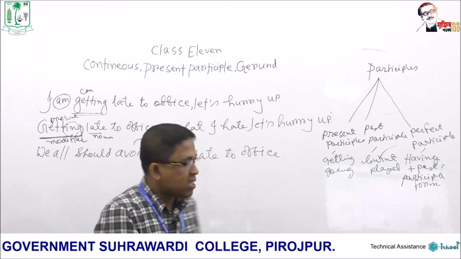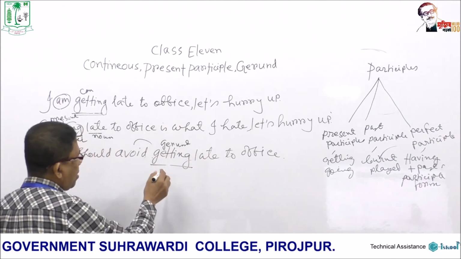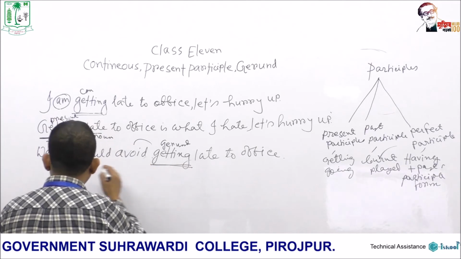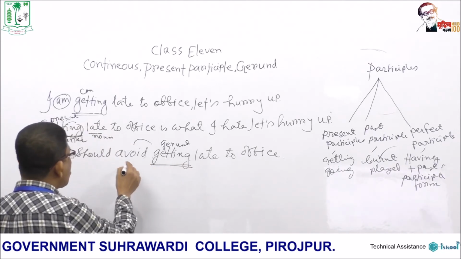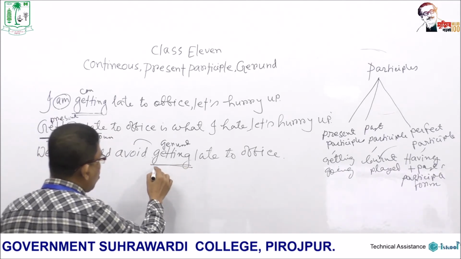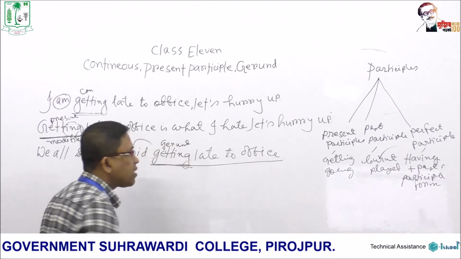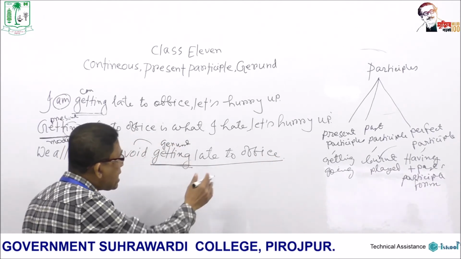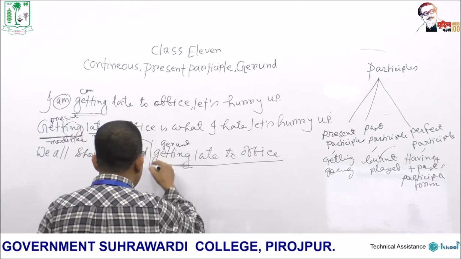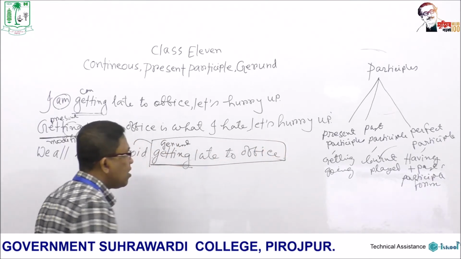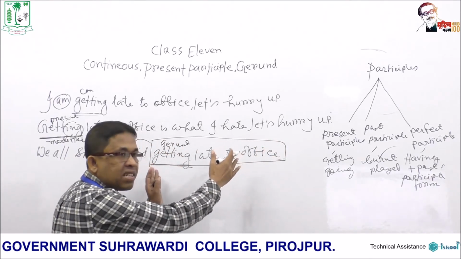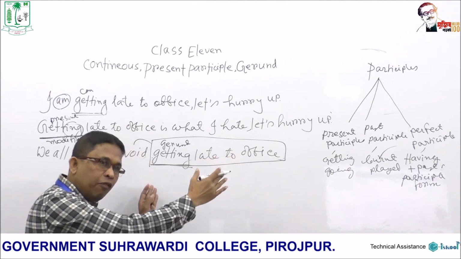because if we consider the position of this getting, in the sentence, we all should avoid getting late to office, just consider the whole phrase here. Getting late to office. What is the position of this phrase?